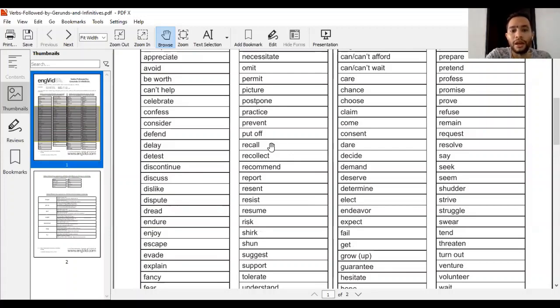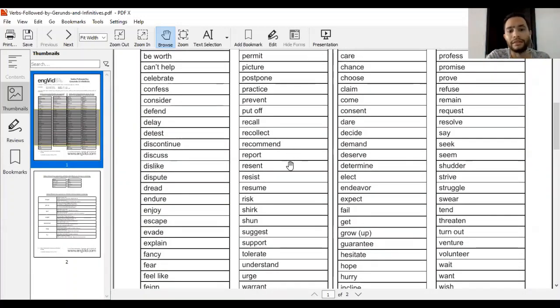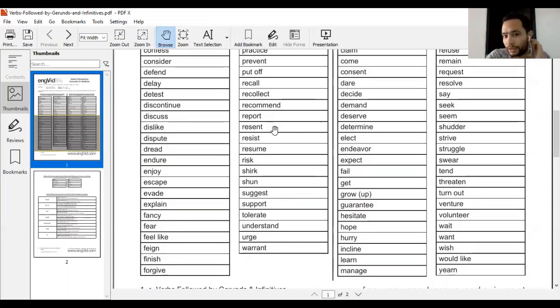You can use ing or to, but most likely ing. Now let's continue. Recollect, recommend, report, resent, resist, resume, risk, shirk, shun, suggest, support, tolerate, understand, urge, and warrant.